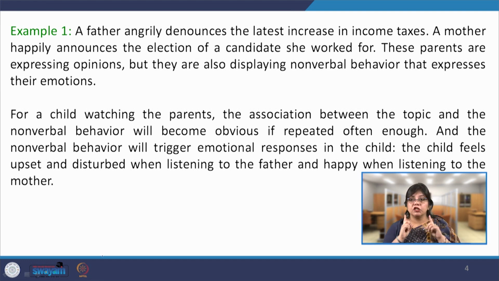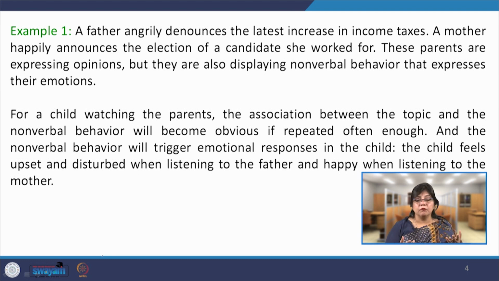Now, the child is observing his parents, that one is happy, one is sad, and at the same time the way they are expressing their emotions based on the increase in the tax and the election of the candidate his mother has worked for, they are also exhibiting some non-verbal behavior based on the emotions.